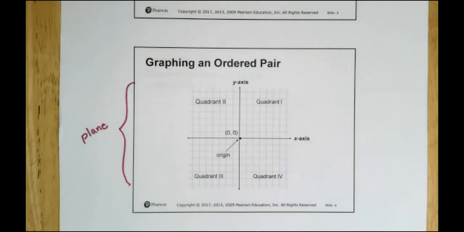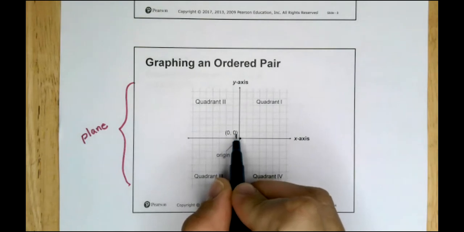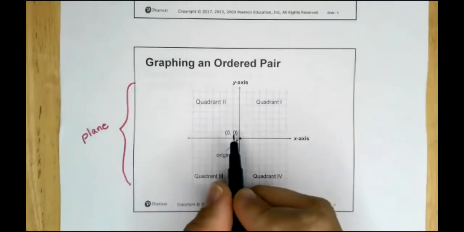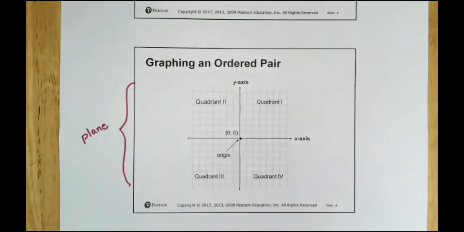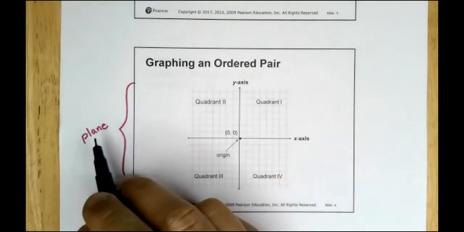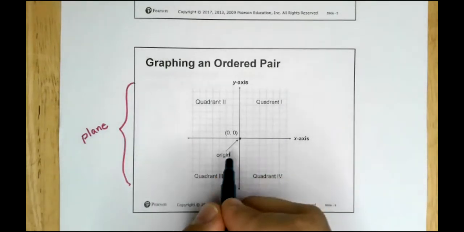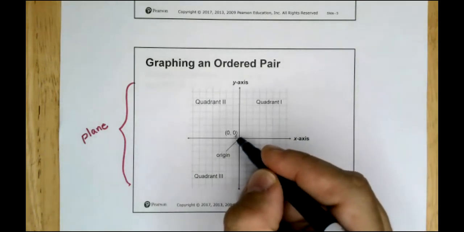An ordered pair is 2 numbers associated with a point on the graph. So the ordered pair here is 0, 0, right? That is a place on the graph. 0, 0 is a place on the plane or a place you are graphing. Okay, and it's called an ordered pair. How do we know this is 0, 0?